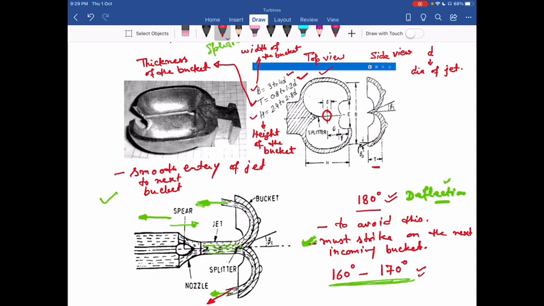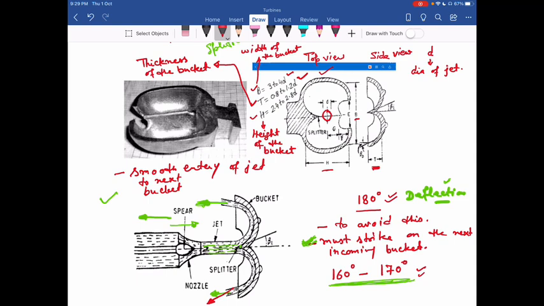That is in the top view you have. So this is H, this is B, and this is T. So these are the three main important dimensions of a bucket: width of the bucket, thickness of the bucket, and height of the bucket.